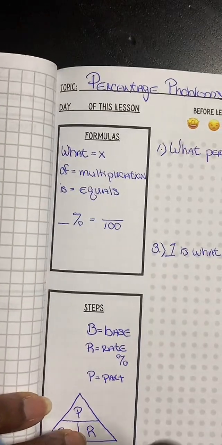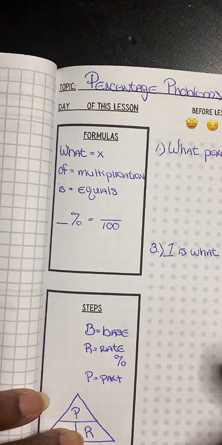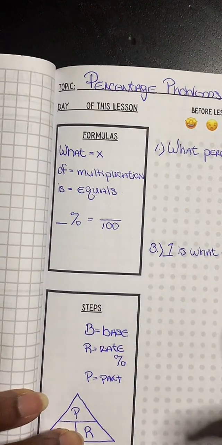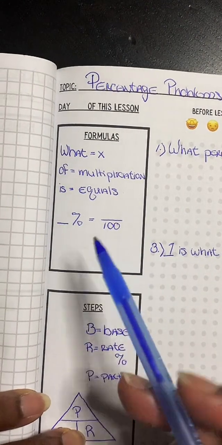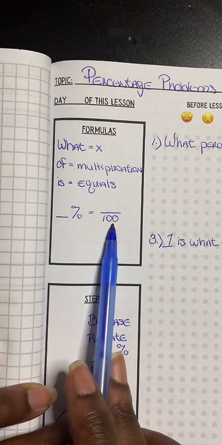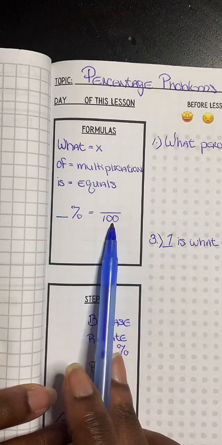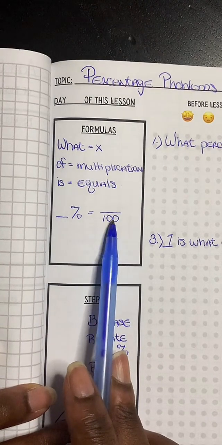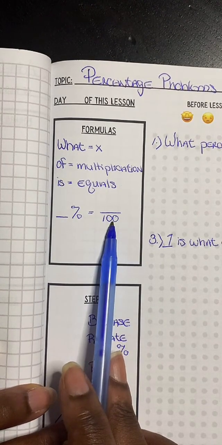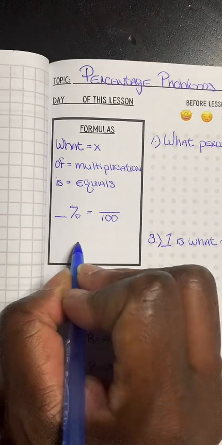When we are translating from a word problem or a question into an algebraic expression or equation, we have to remember that a percent means something out of 100. If they're just asking what is the percent of, we're either going to multiply by 100 to get that percentage, or use the simple movement of 2 places.